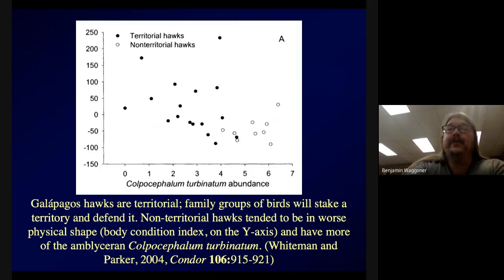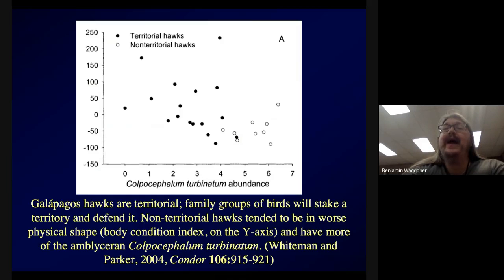There was actually another study that's been done on Galapagos hawks. Unlike typical hawks, they're territorial. They live in these family groups, sometimes of one female and multiple males, which is kind of an unusual arrangement. And family groups will stake out a territory and they'll defend it.